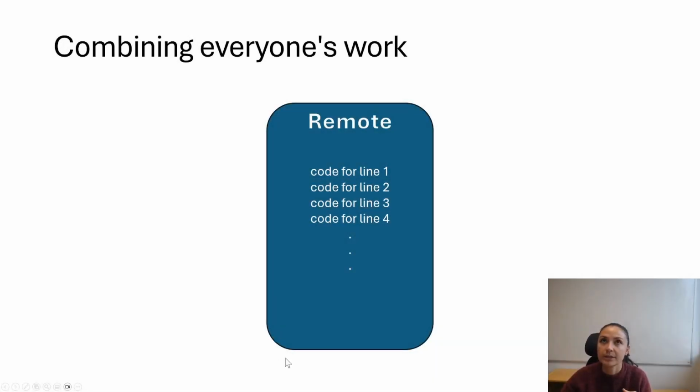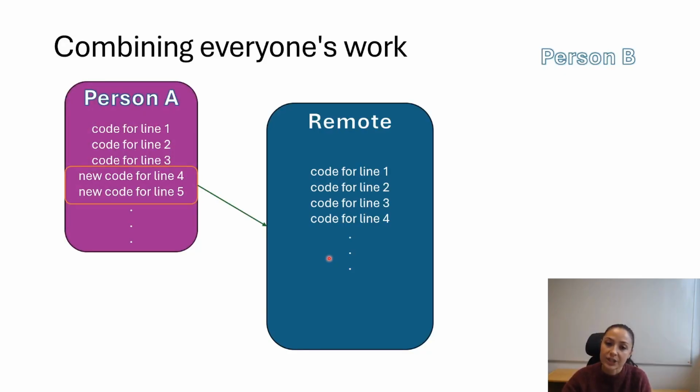Normally, when you want to combine everyone's work, let's say we have a code on the remote and everyone has their own version of the code, the person A and the person B. And then person A changes line 4 and line 5 when working on their PC and wants to put it to the remote.